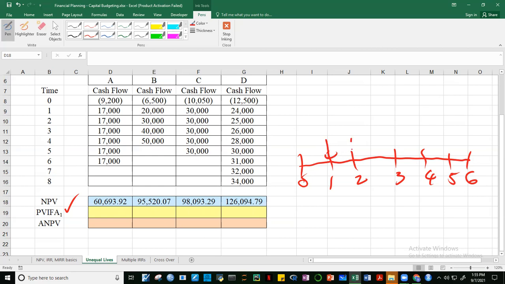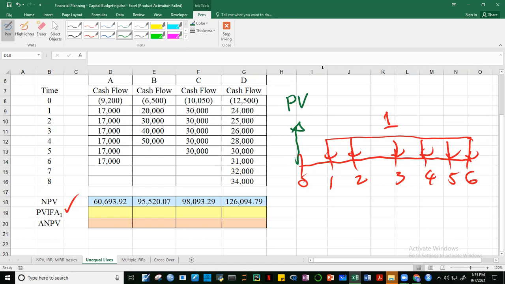So, meron tayong annuity. May annuity tayo. Annuity of 1, guys. And then what we need to compute is the present value.